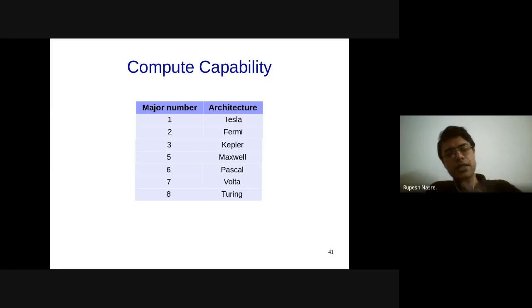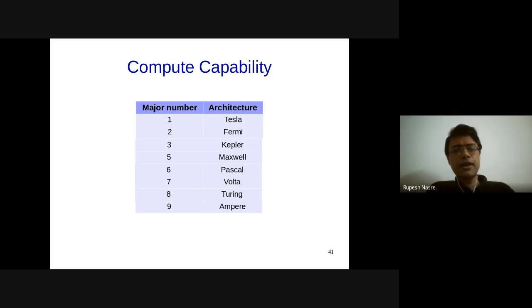So Volta is still getting used. Even Kepler gets used by some people. Pascal is also around, Volta is also around. Turing has started catching up now, but there is further beyond Turing. Anybody knows what is the latest one? Okay, Ampere. Good. So that is compute capability 9, which is the Ampere.